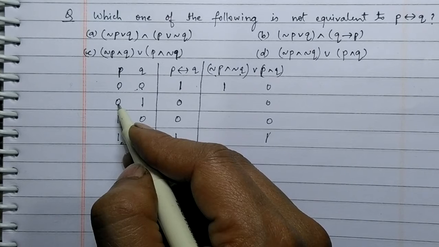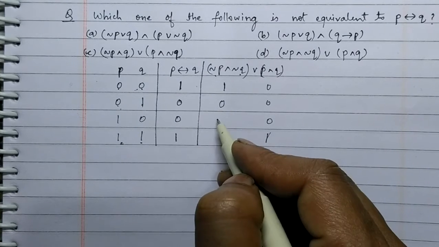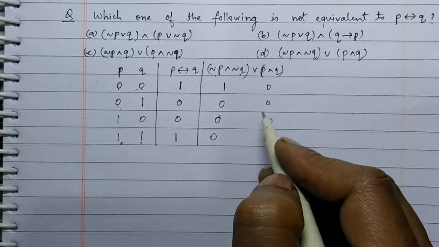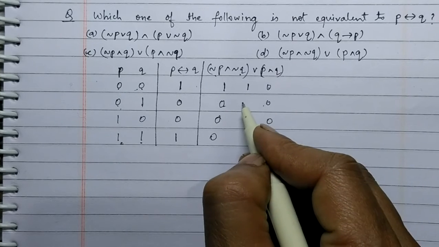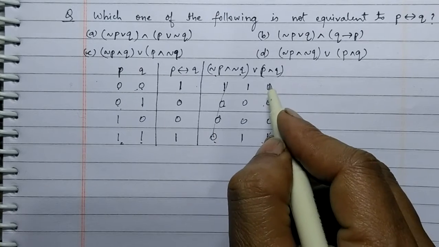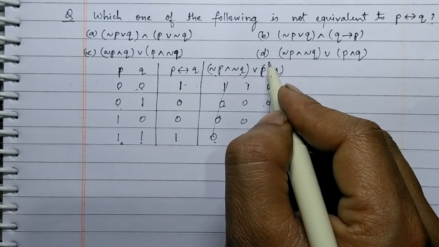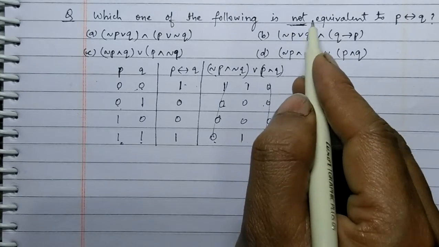Not P becomes 1, not Q becomes 0, result will be 0. Again the result will be 0, and again 0. When we use OR, 1 or 0 is 1, 0 or 0 is 0, 0 or 0 is 0, 0 or 1 is 1. You may compare this. This is equivalent, so option D is not our answer. It is asking not equivalent, mind the language. It is not equivalent.